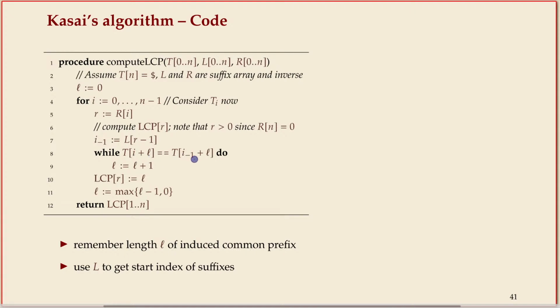I start at I plus L and the other position minus 1 plus L, and keep increasing that as long as there's a match. Then I store the prefix I found in the LCP array. For the next round, I remove one character, so L gets one smaller. It's fairly short code. It does exactly what I've shown you in the example. It's just that getting all the indices in your head is a bit confusing. I always prefer the example and then derive the code from that.